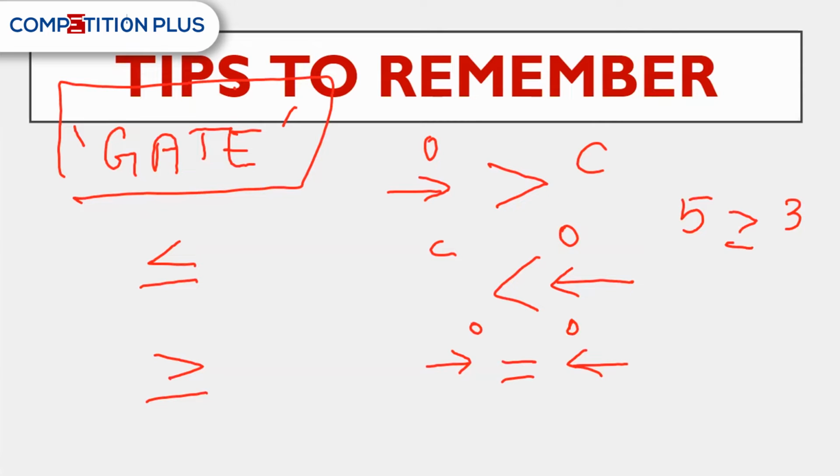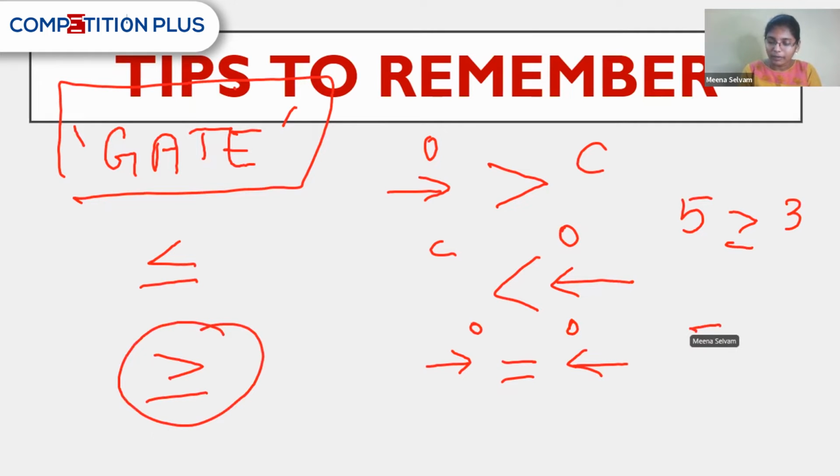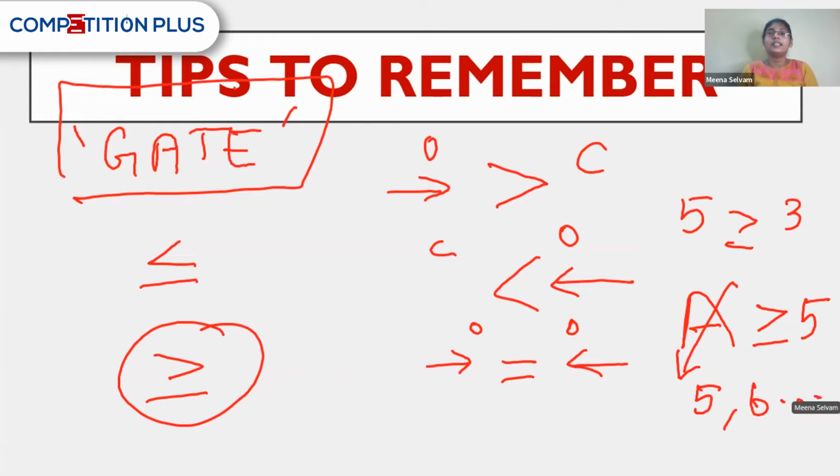Greater than and equal. That makes no sense, right? Because we know that 5 and 3 are different numbers and 5 is actually greater than 3. So that will not come. So what is the meaning of greater than or equal to? If I'm writing A greater than or equal to 5, the value of A can be either 5 or more than 5. That is the meaning of greater than or equal to.